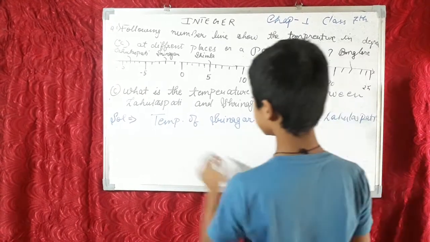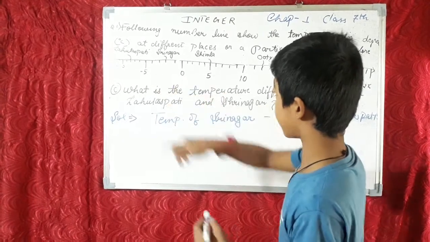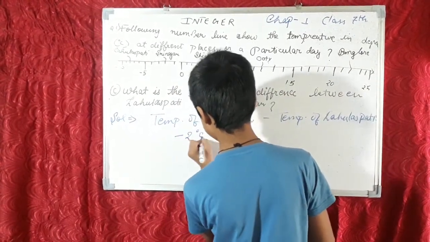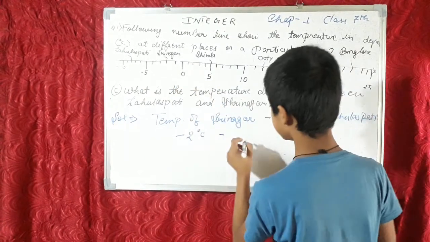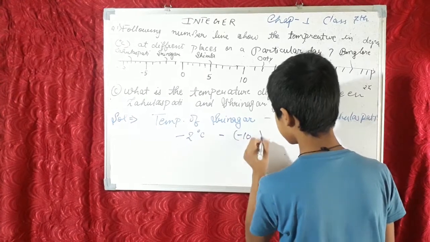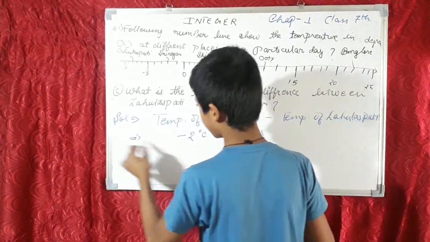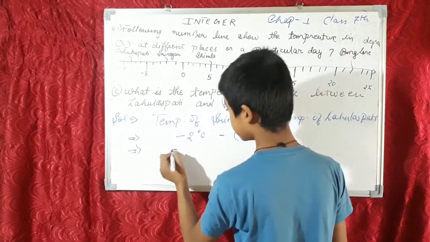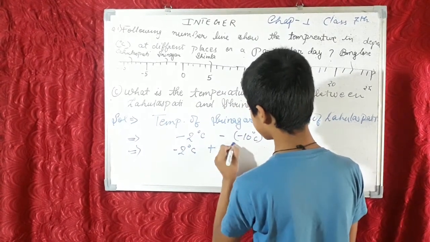Okay, so what we have to write? Difference. The temperature of Srinagar is -2 degrees Celsius. Okay. So we write here minus, and the temperature of NCERT is -10 degrees Celsius. We will put here an arrow. Then -2 degrees Celsius, minus becomes plus 10 degrees Celsius.